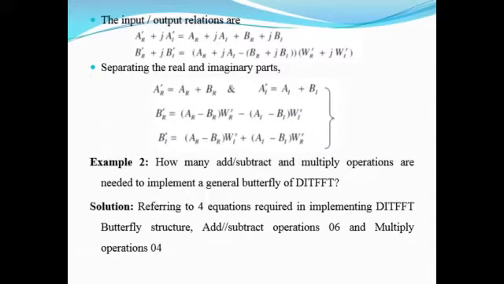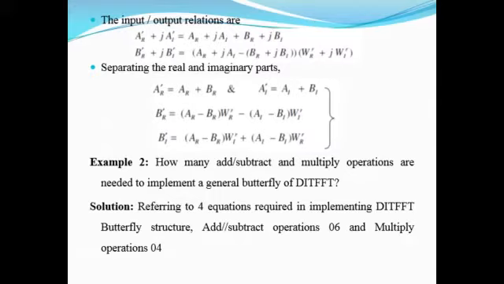Then the next example: how many add or subtract and multiply operations are needed to implement a general butterfly of DIT FFT? That is what we have to calculate. If I go with the equations we got here, in implementing the DIT FFT structure, we see that add or subtract operations are 6.